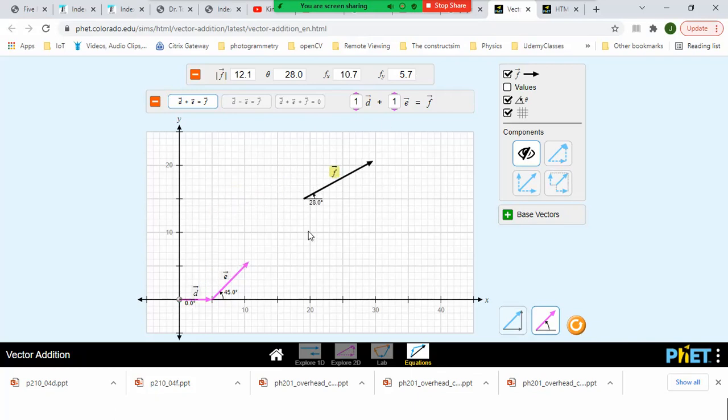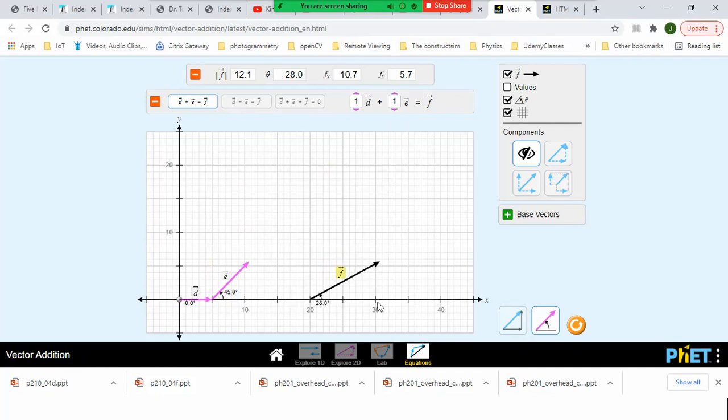Then we know that the D vector has no y component, so we'll say 0. And we know that the E vector's y component is 5.7. Click on this, 5.7. Makes sense.